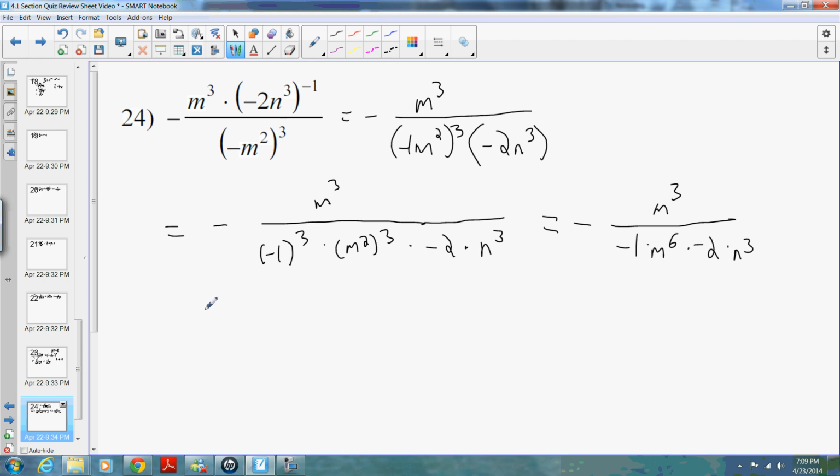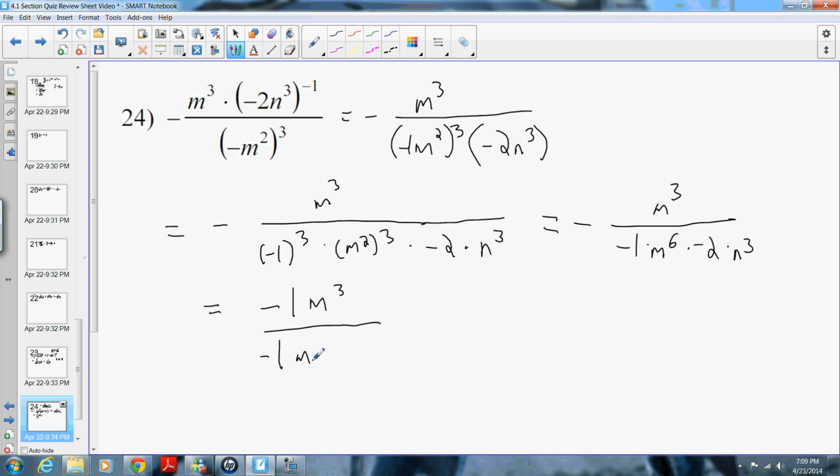Okay, so we have a lot of things going on here. We have this negative outside, we have this negative and that negative. Like I said in the previous problem, I'm going to choose to move this as a negative 1 in the numerator, just to make it a little bit more simple looking. So let's rewrite it as such, and still being products.